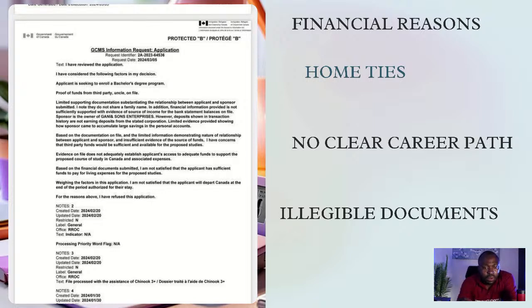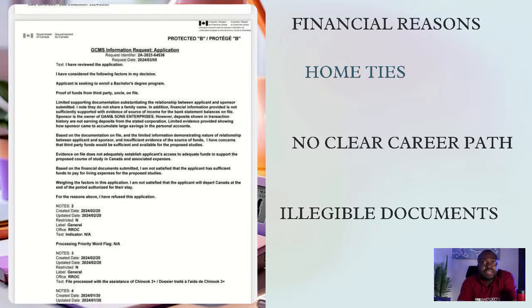Okay, so now, what is wrong with this particular documentation? You find that the sponsor and the applicant are not sharing the same family name. So he's using a third party as the sponsor. Now, the consular officer has concern that, since you don't have any direct relationship with this person, it is highly possible that this person can withdraw his sponsorship.